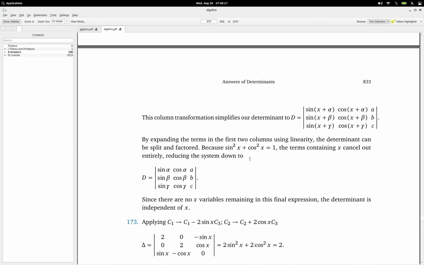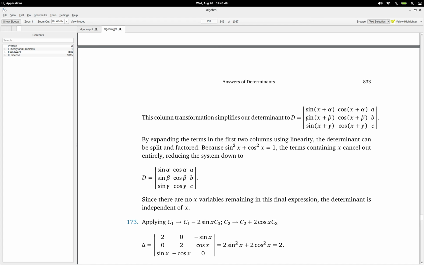So a bit of work we have to do. We split this. So for example, this will become sin x cos alpha plus cos x sin alpha, and so on for all of this. Okay. So from sin x cos alpha, you can take sin x common. So this will have cos alpha, cos beta, cos gamma. And in the other determinant, in the split determinant, you will have cos x over here and sin alpha, sin beta, sin gamma here.